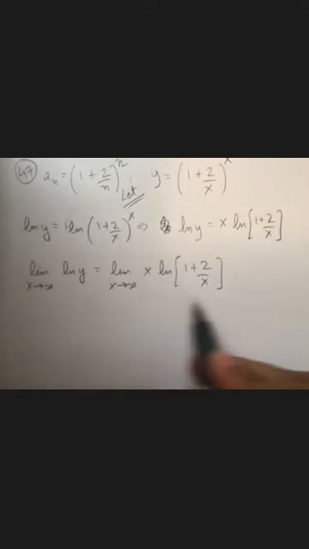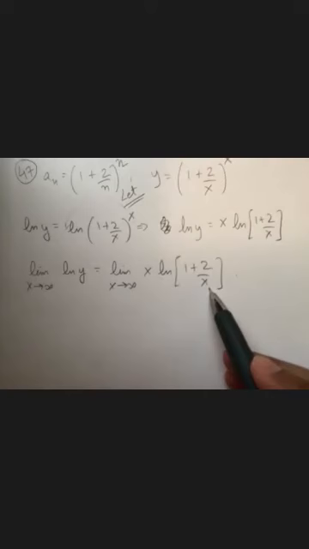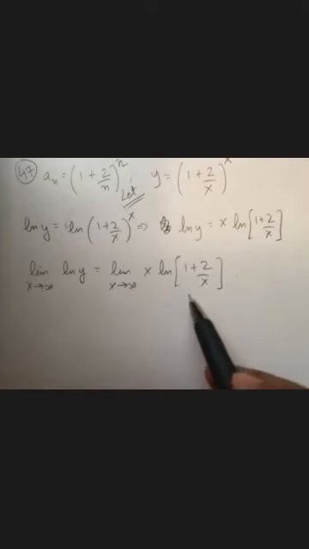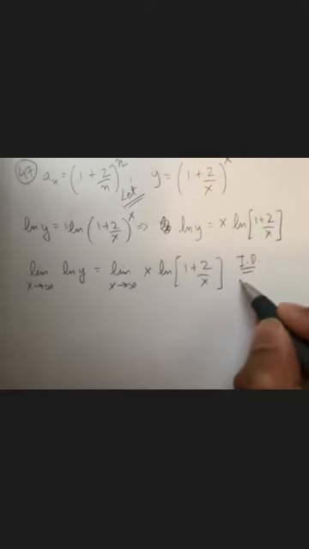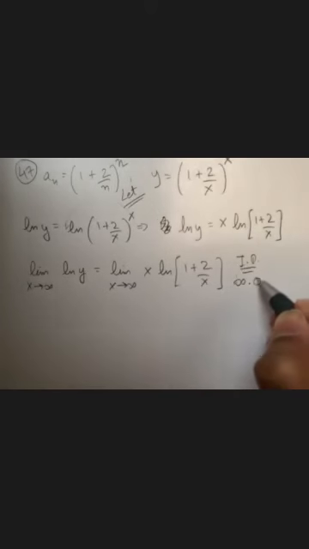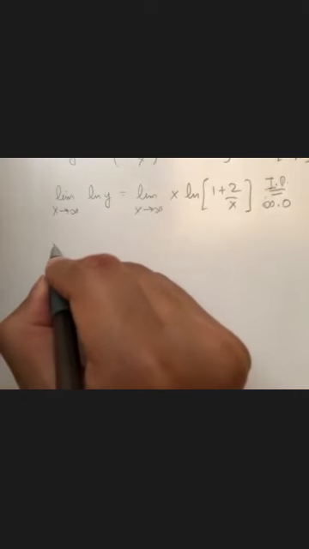Now this is an indeterminate form, because x goes to infinity, 2 over x goes to 0, ln 1 is 0. This is an indeterminate form of type infinity times 0. So we cannot apply L'Hopital's rule yet. So we have to change it into other type.